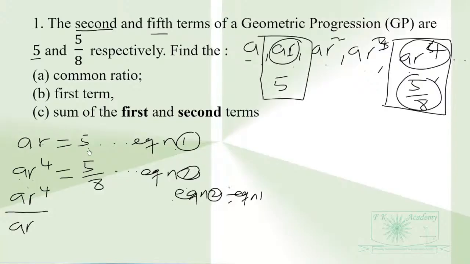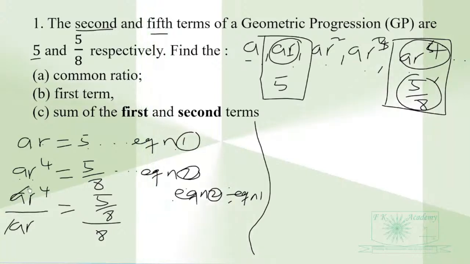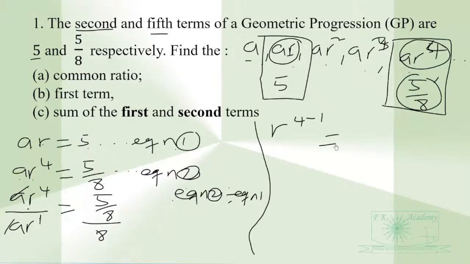So 5/8 divided by 5. So let's simplify that. So A will cancel A, then the R here is like R exponent 1. So you use indices. So you pick one base, R, then you subtract the exponent. 4 minus 1 is equal to 3.